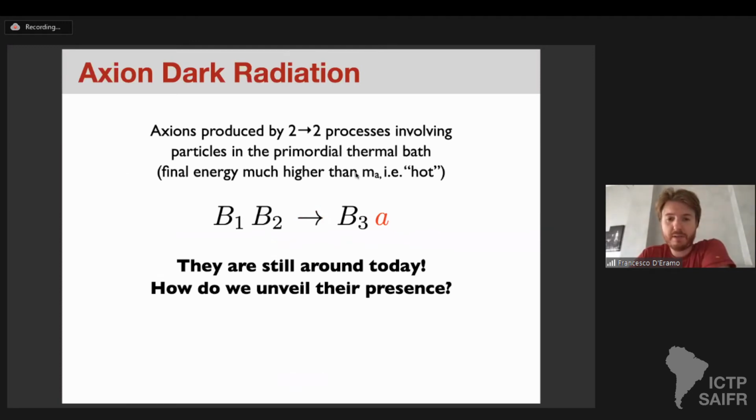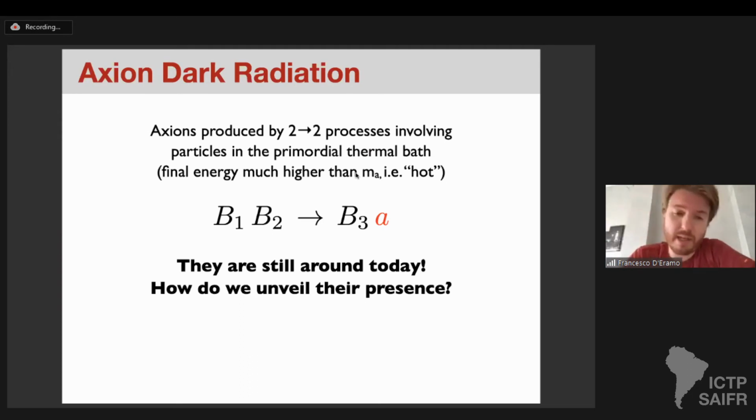First of all, there is a way to produce axions besides the misalignment, but you can create axions also from collisions of bath particles. So these particles B1, B2, and B3 are particles of the thermal bath. These could be electrons, photons, or new particles beyond the standard model.